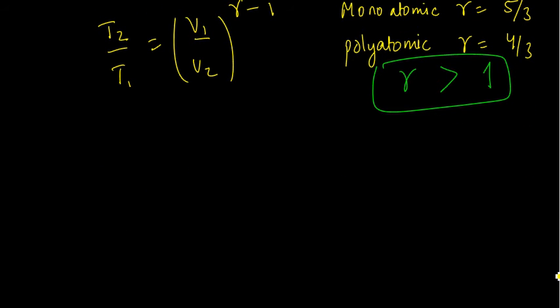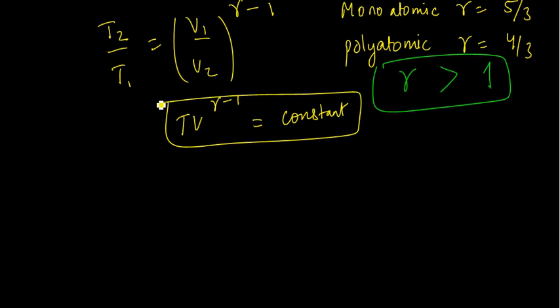I could use my ideal gas equation. What I want is essentially PV to the power gamma as a constant. Right now what we have is TV to the power gamma minus 1 is a constant. Now I just replace temperature by pressure using PV is equal to RT.